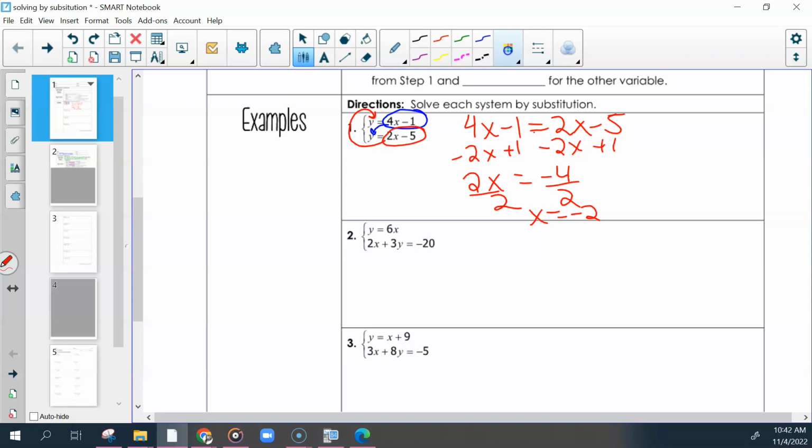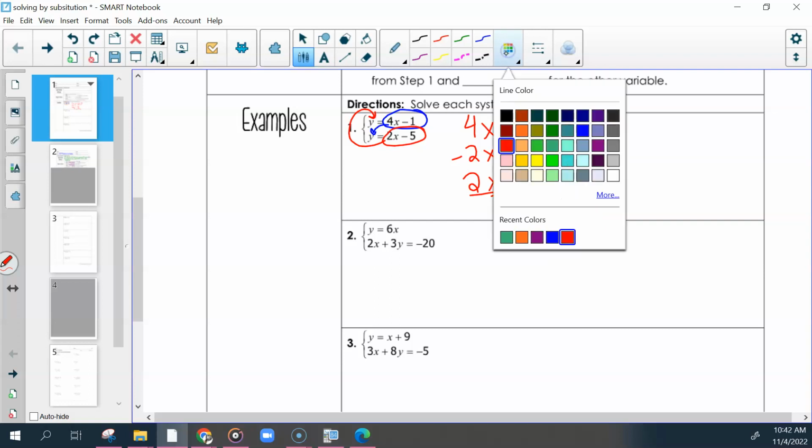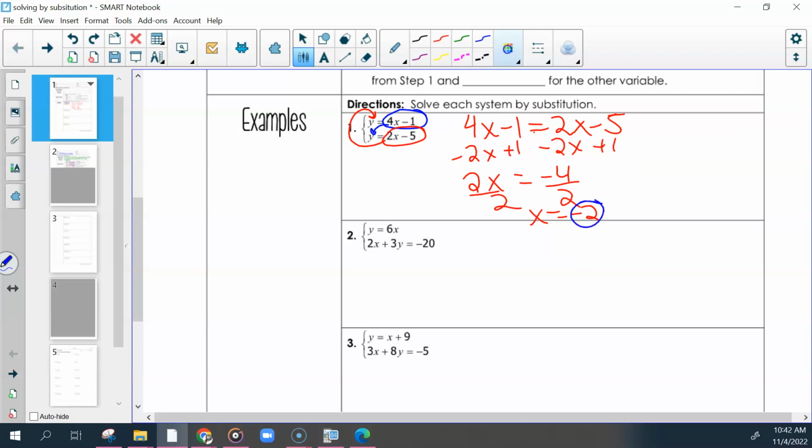And that's part of it. The other part is taking this number we just found and putting it back into one of the x's of one of the equations. Does not matter which one. And we'll finish that when we get back to lunch.